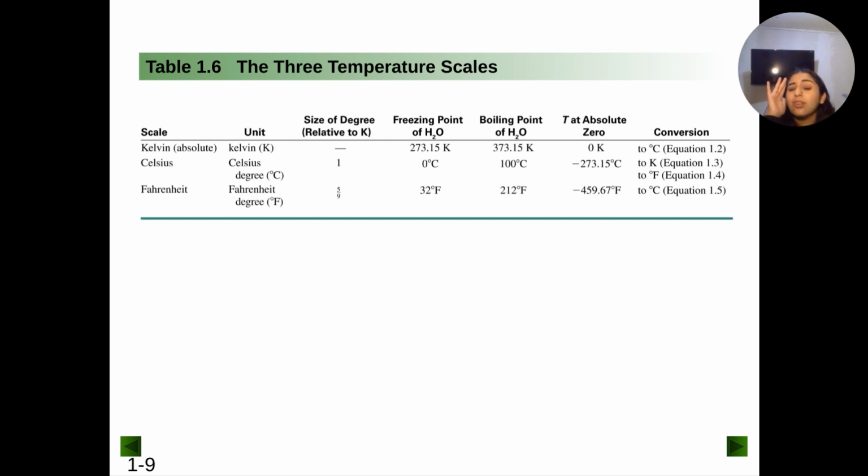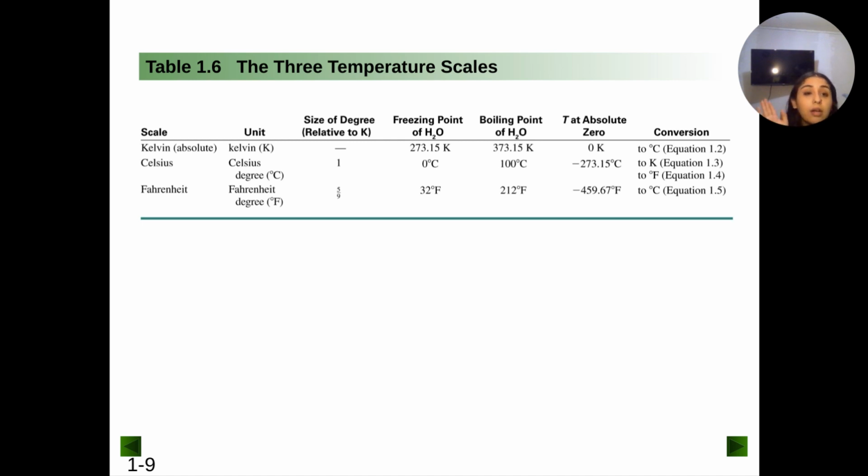Celsius and Fahrenheit are the only temperature scales that actually have degrees on them. Kelvin does not hold one. The size relative to K, talking about Celsius here, would be 1. And then the freezing point, the boiling point, and absolute 0. And then the equations are there.